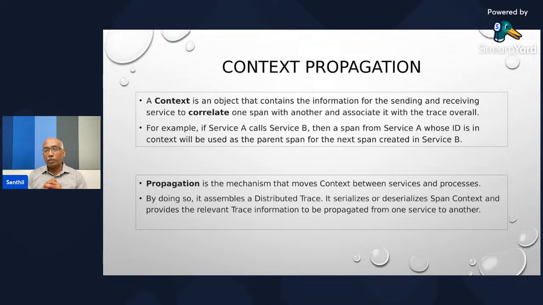Okay. So propagation is the mechanism that moves context between services and processes. Context propagation is applicable within a microservice too. When there is processing happening within the microservice, and you want to keep track of this processing at various points in time, that is also an instance where context propagation is involved.